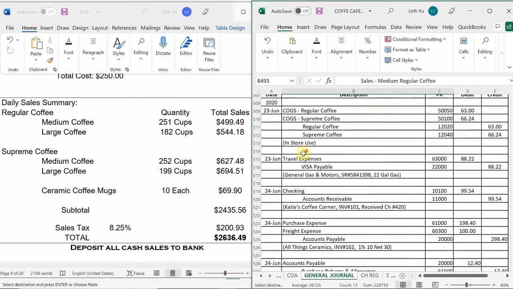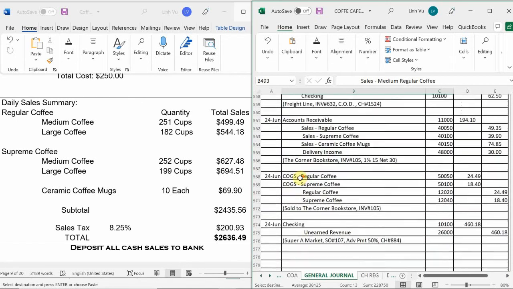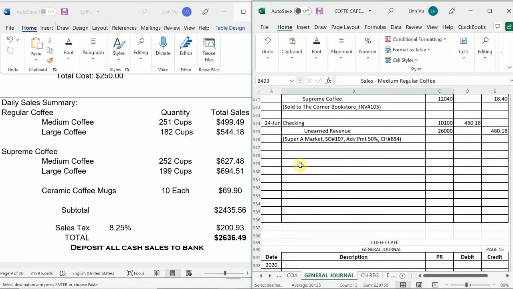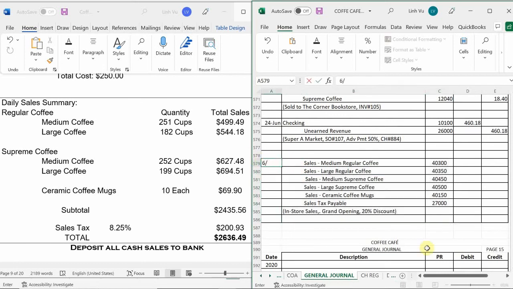I'm going to copy this section here. Only difference is there's no sales discount. Okay. So checking is here. So that means I should drop it right here. See? Perfect. It fits perfectly in here. Just the sales. Okay. And of course, I'm going to be collecting all the money.